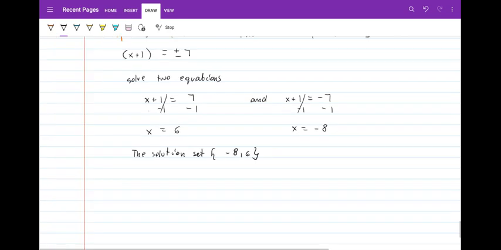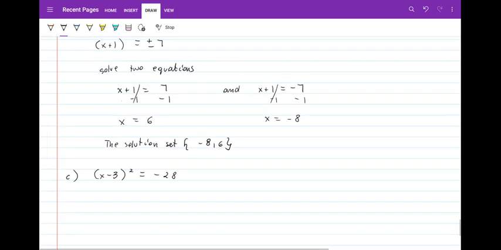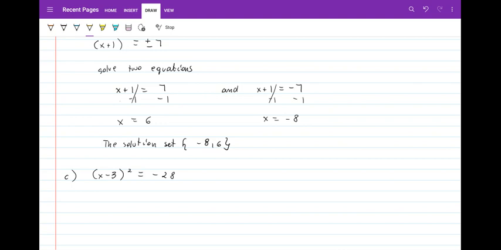And one more. C, we have (x minus 3) squared equals negative 28. So here I want you to be careful, because if you try to take the square root of both sides, yes, that will cancel, so you will end up with x minus 3. However, it's impossible to take the square root of a negative number.